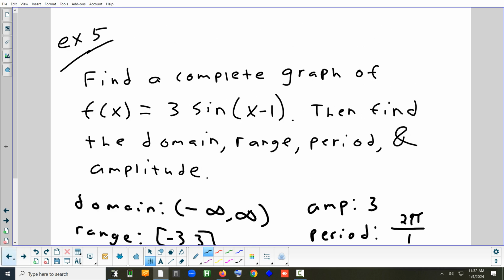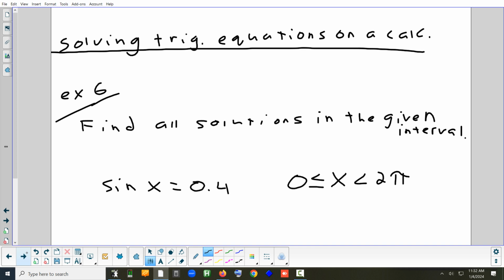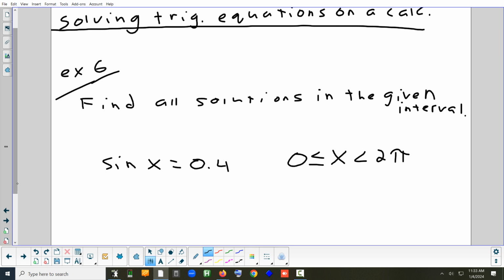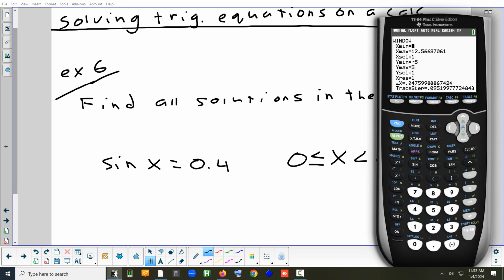All right, so the last thing we're going to look at, it's really something we've done before, is solving trig equations on the calculator. Now, we haven't solved the trig equation, but we have solved equations by putting something in y1 and y2 and then calculating something. That's what we're going to do here. So, to solve a trig equation, well, let me show you something first.